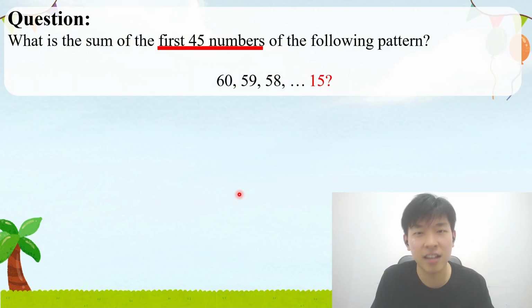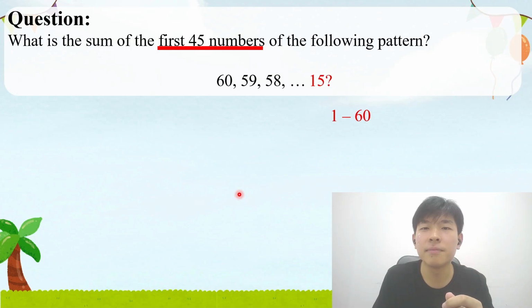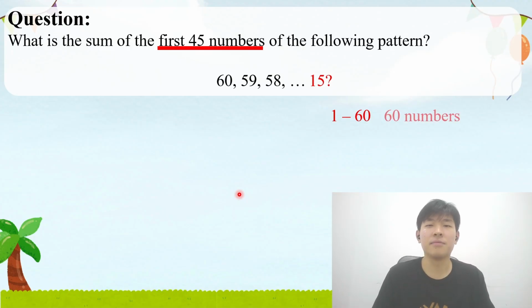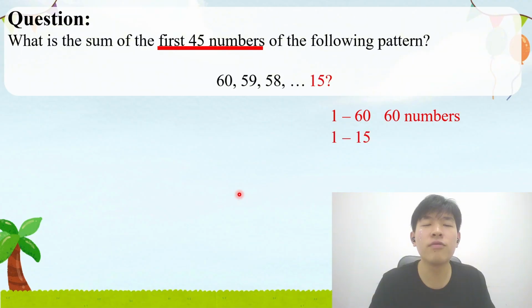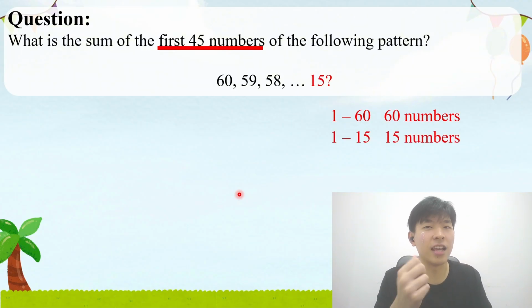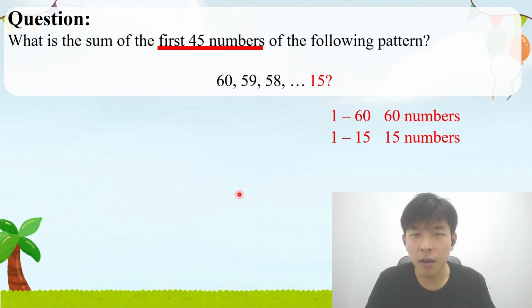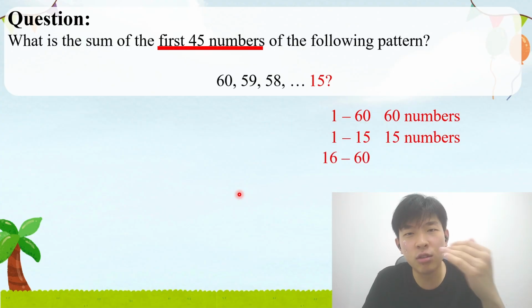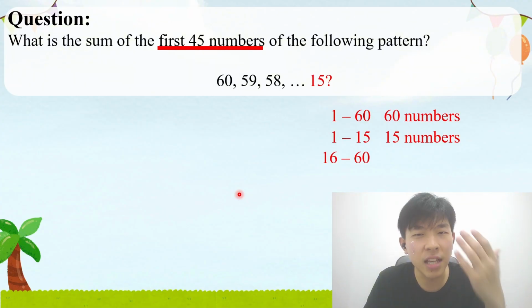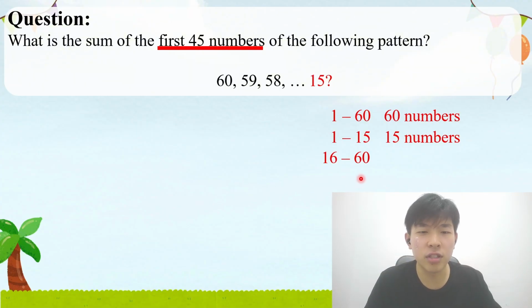Now, let's check. Let's say I have 1 to 60 numbers. How many numbers are there? Amazing, 60 numbers. Next, if I have 1 to 15 numbers, how many numbers are there? Very good, there are 15 numbers. Now, let's say if I have 16 to 60, how many numbers are there? If you see here closely, 16.